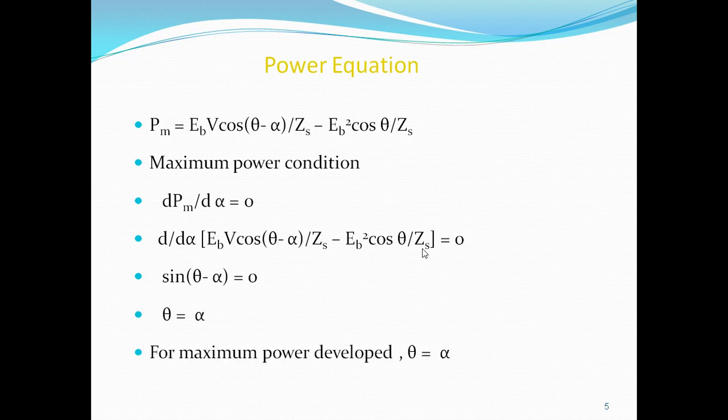That is theta is equal to alpha. So maximum power is developed when the internal angle theta is equal to alpha. What is theta? That is the internal angle, tan inverse of Xs by Ra, and that is equal to alpha. Note down the formula and derivation. You do it here. We get it in 4-5 steps. If you have any doubt, ask me in the next class.